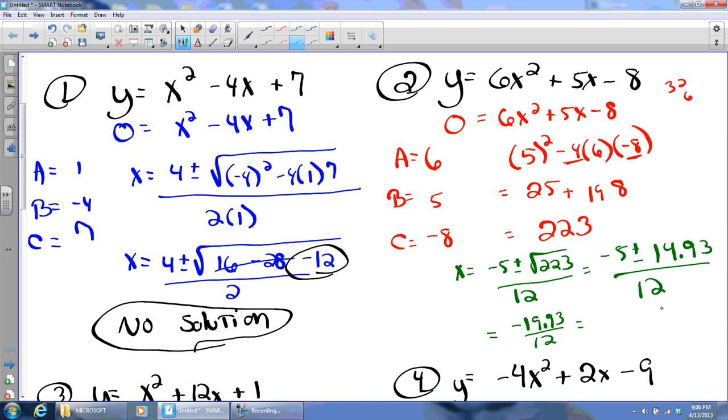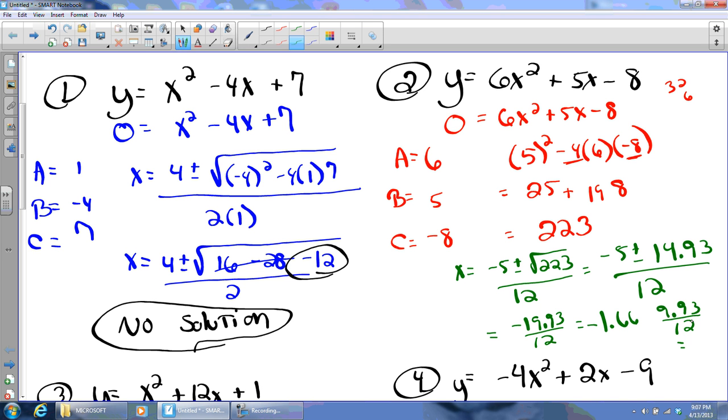And it's also going to equal 9.93 divided by 12. And so my two solutions, yeah, I did that right. Felt like I had a mistake there. Negative 19.93 divided by 12 is going to come out to be about negative 1.66.